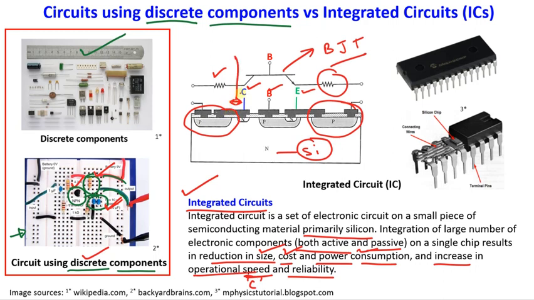And remember, this gap will be in the range of micrometers or even less. Just think about the practical separation between this transistor and this resistor, and then it will be clear to you.